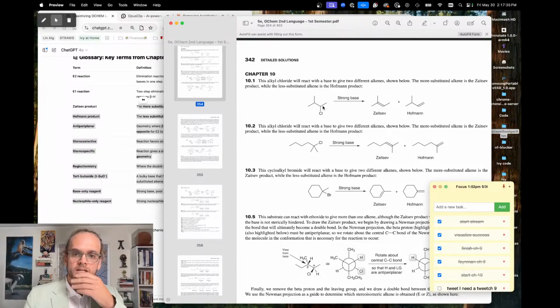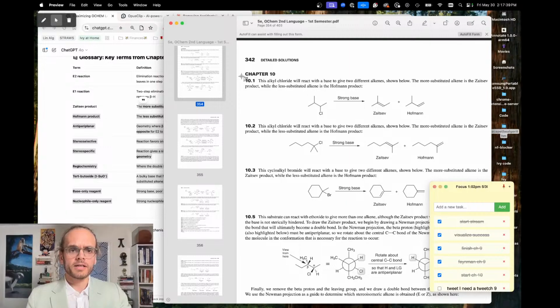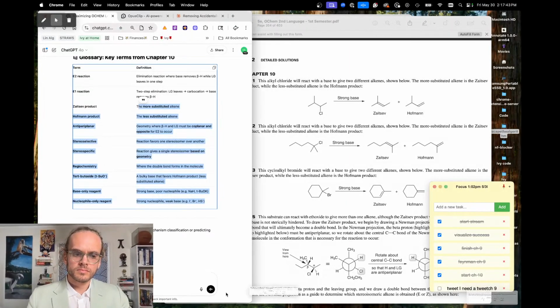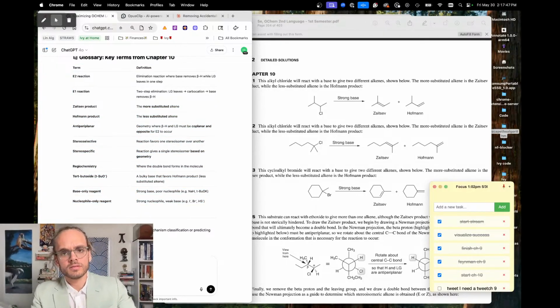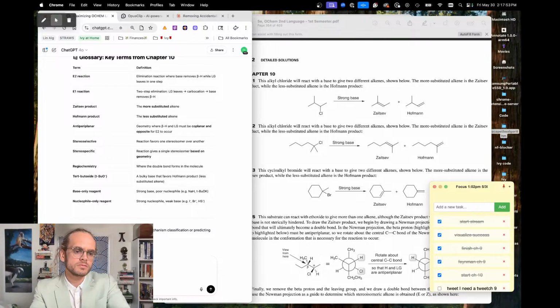Basically, this goes, and I can either get the double bond here or here. I want to ask it why, though. Why is the Zaitsev product favored?